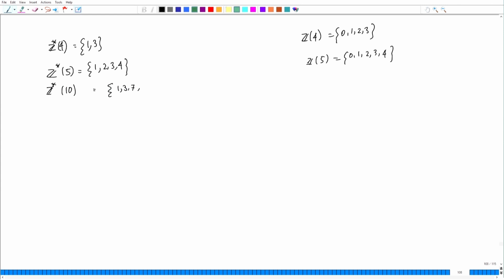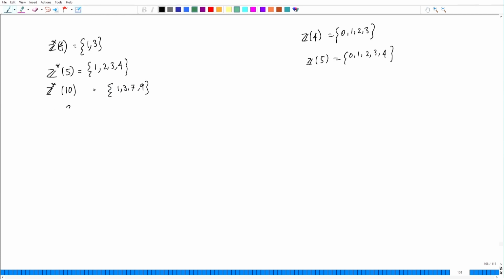Then 4, 5 will not come, 6 will not come, 7 is there, 8 will not come, and then 9, 9 times 9 is 81. So, this is what we are going to get. Now, we will have some other example, other than Zn, as a finite abelian group to do some Fourier analysis, and there will be a lot more.